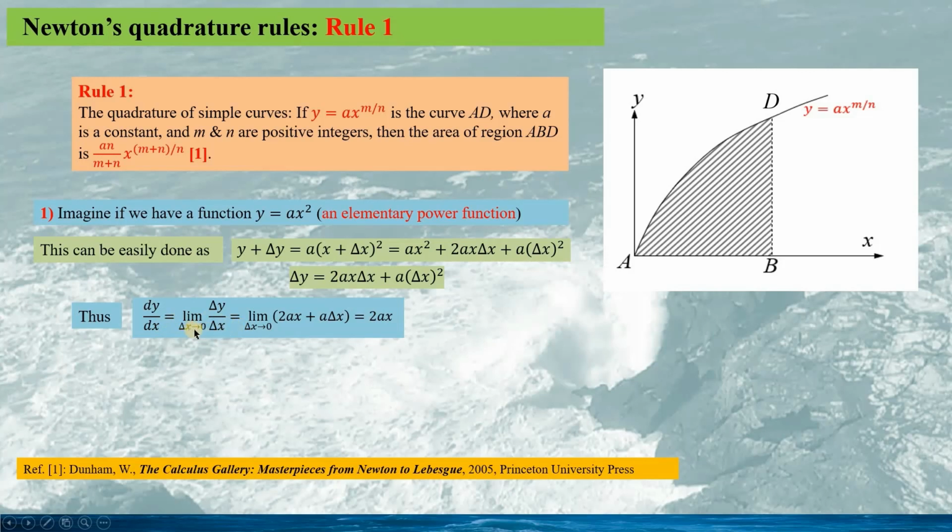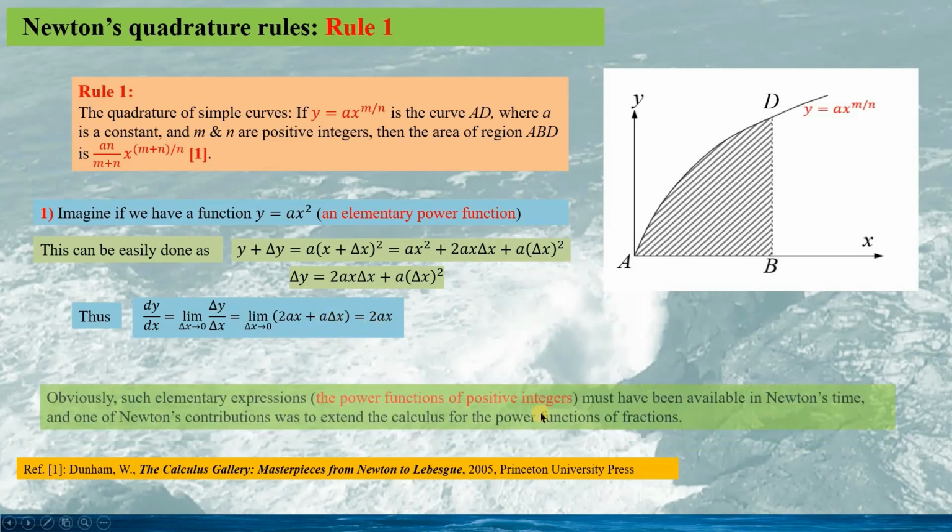It is given as the limit of the ratio delta y over delta x when delta x is close to 0. So we have the expression for the derivative as this and this, because delta x is close to 0, so the second term can be dropped.